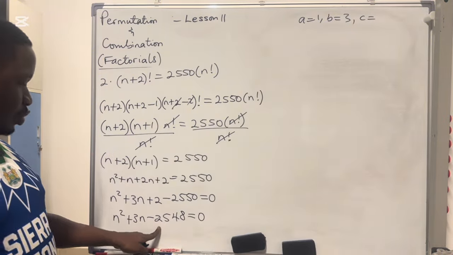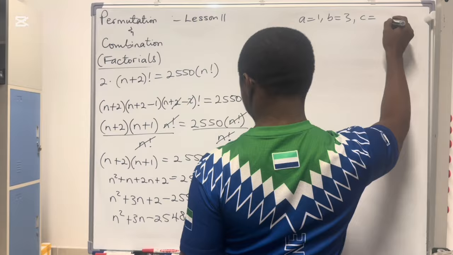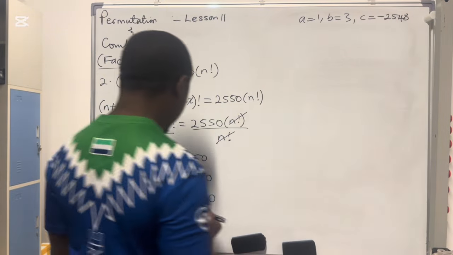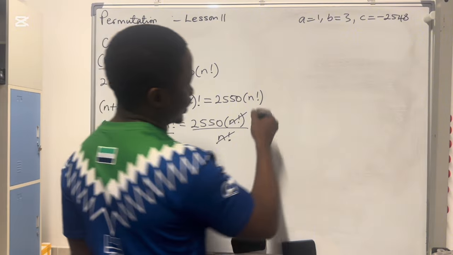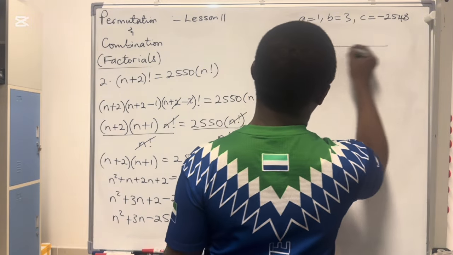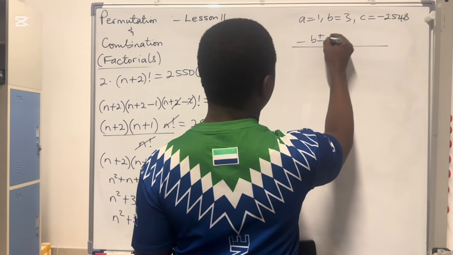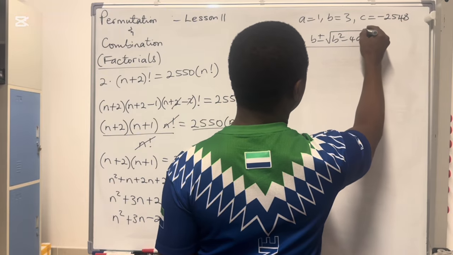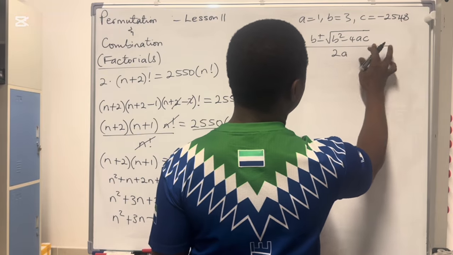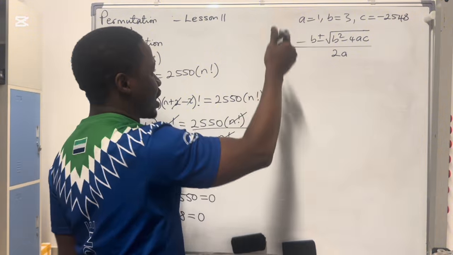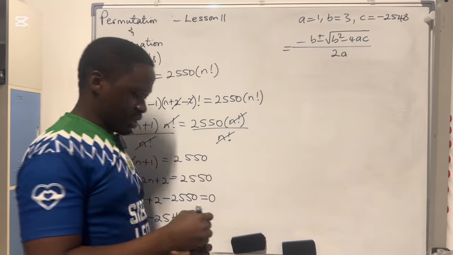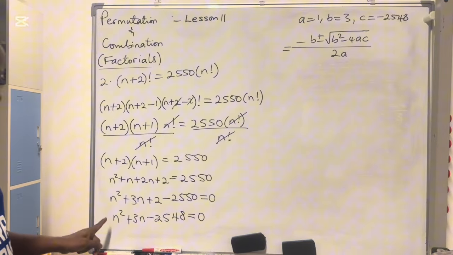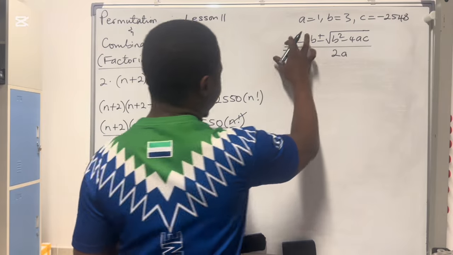C is minus 2548. So the quadratic formula we say what? Minus b plus or minus the root of b squared minus 4ac over 2a. Don't forget the minus has to be at the top. If the quadratic equation is in x, you say x equal to, but this is in n, so we say n equal to.